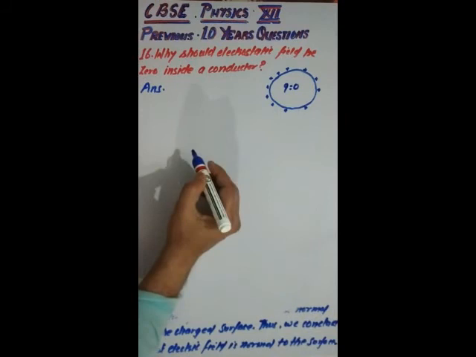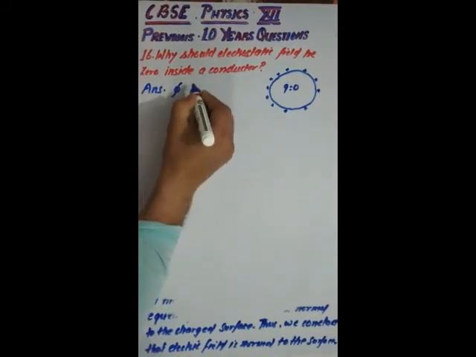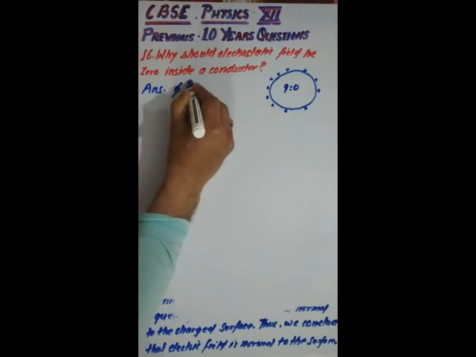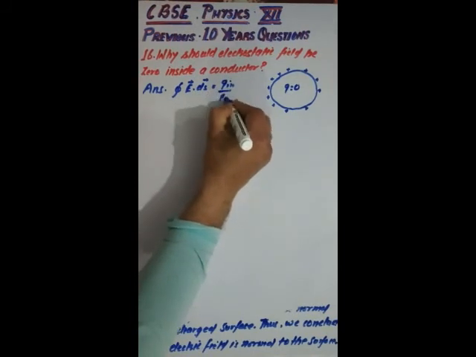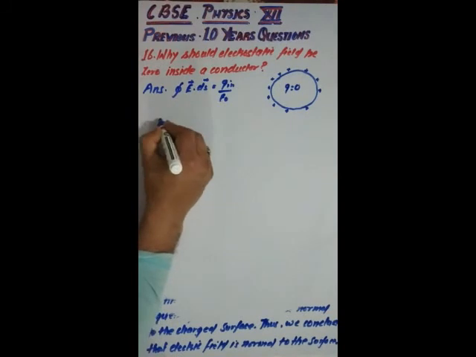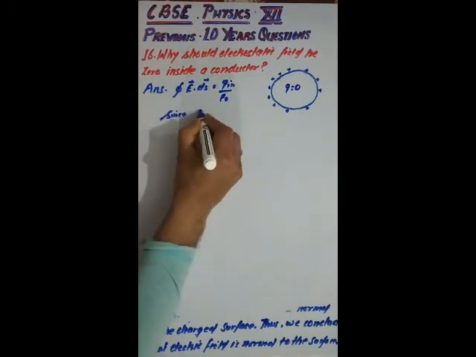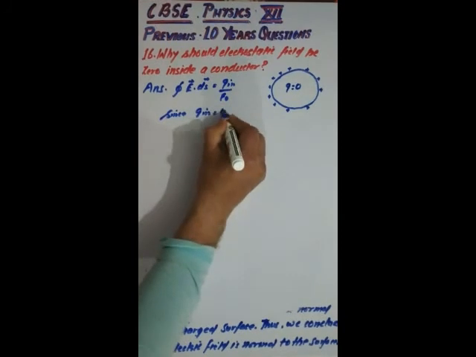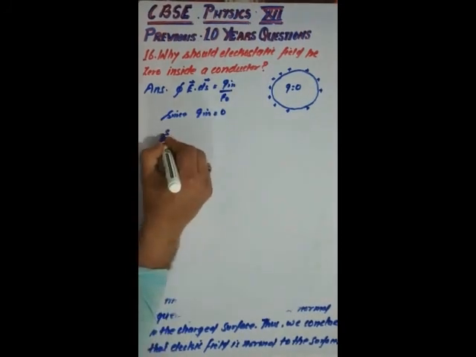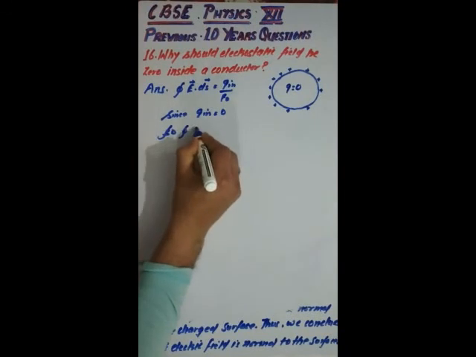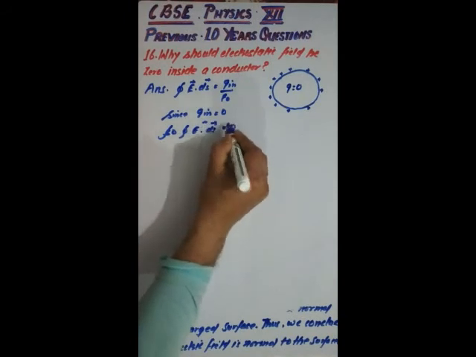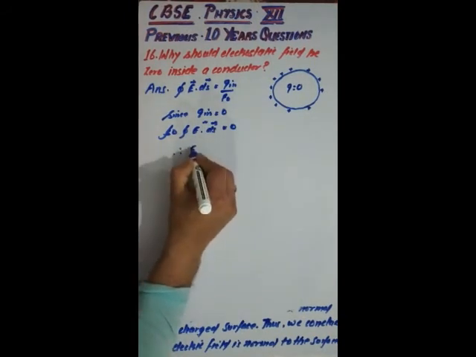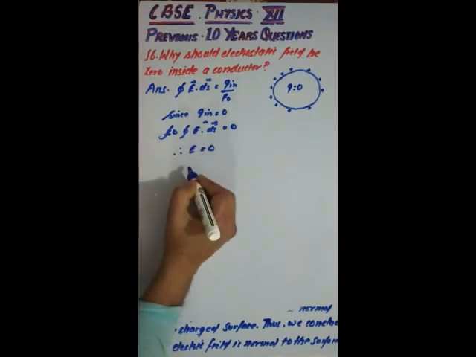From the Gaussian theorem, closed integral E dot dS equals Q enclosed upon epsilon naught. Since Q enclosed equals 0, closed integral of E dot dS is equal to 0. Therefore, electric field E equals 0.